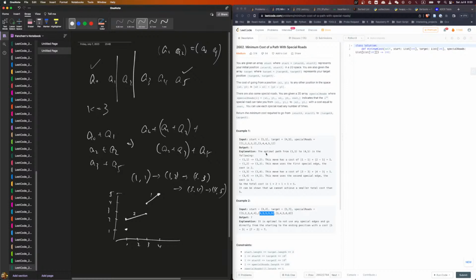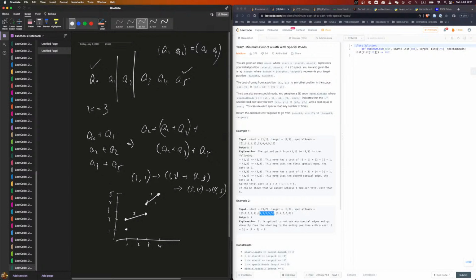But if we incorporate, so yeah, this is interesting. Now we need to figure out how we're going to incorporate this. What I think is, if we Dijkstra this, we consider these as nodes, and between the nodes we go through all the special roads.